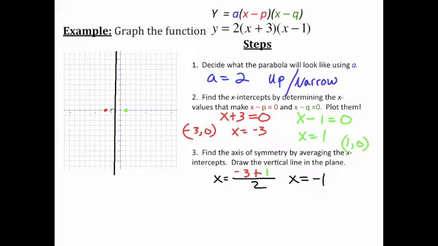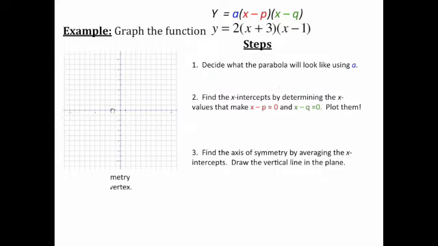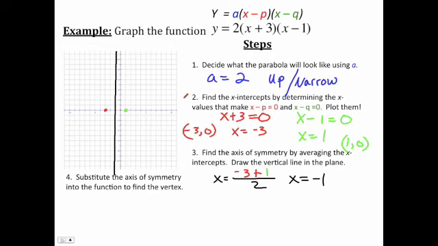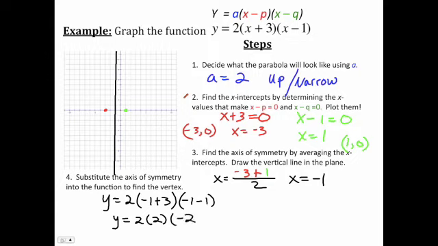Okay? So we're going to actually use the axis of symmetry like we always do. Since it's an x, we can plug it in and figure out a y value that would correlate on that vertical line. So if we plug the negative 1 into our original function, y equals 2 times negative 1 plus 3 times negative 1 minus 1, we can get a y value for this: 2 times negative 2, which would make negative 8.